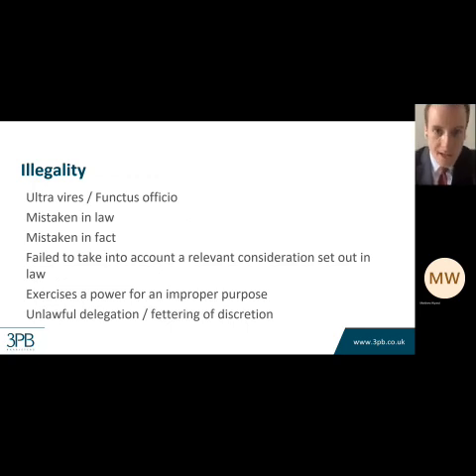So if we start with illegality, outside of the powers of the decision maker, ultra vires, there are several subheadings to that. First, you often get public bodies, public authorities, making a mistake as to what their powers are, a mistake in law.